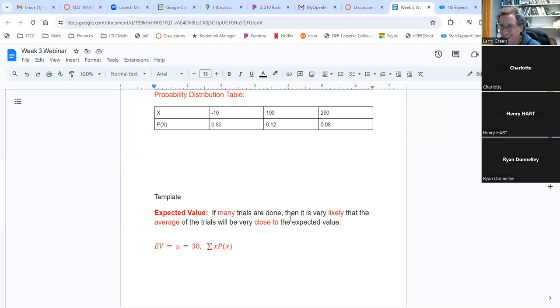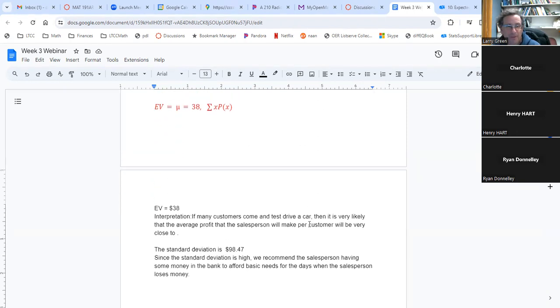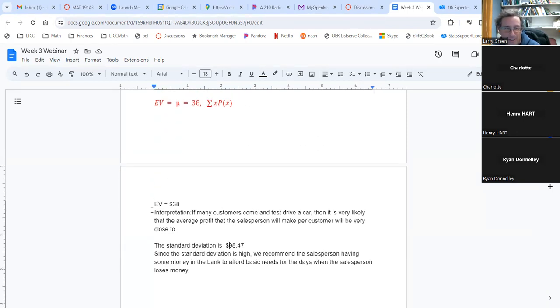Got it? So if you don't want to lose points, you better have those words in there. The other words will change because you're not going to use the word trials or the expected value. You'll have a number there, and we'll see that in a second. But these words have to be there. Many, likely, average, close to. So now we can interpret it. Maybe I'll make it a little bigger so you can see because it's so important.